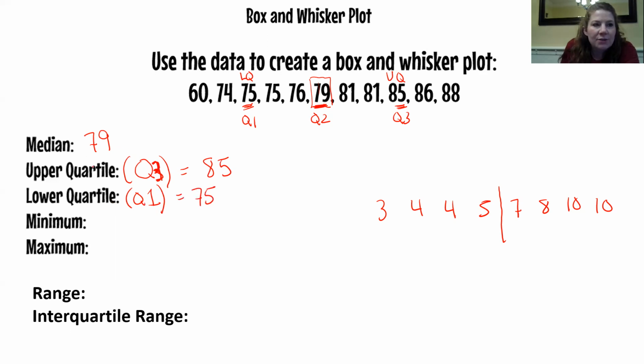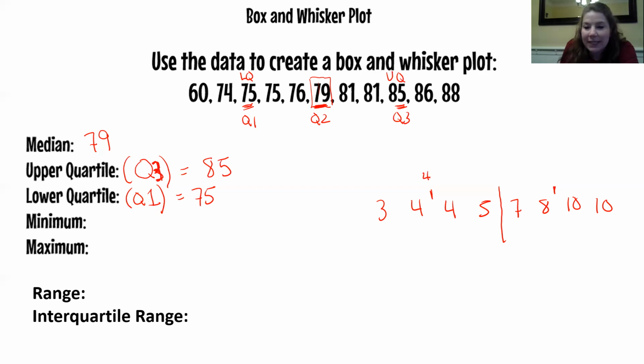These are just new vocabulary words. You're going to just have to memorize them. If I have an even set of data over here, I really have 2 middle numbers in my lower digits. What comes between 4 and 4? Well, it's 4. What about my upper numbers? The middle comes between 8 and 10.